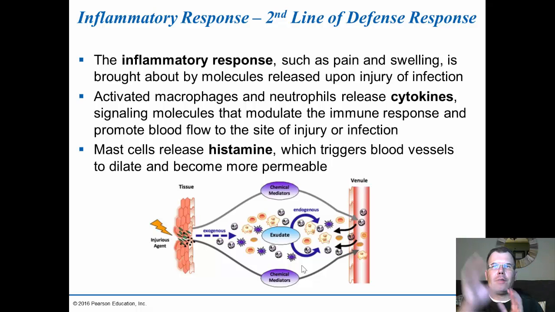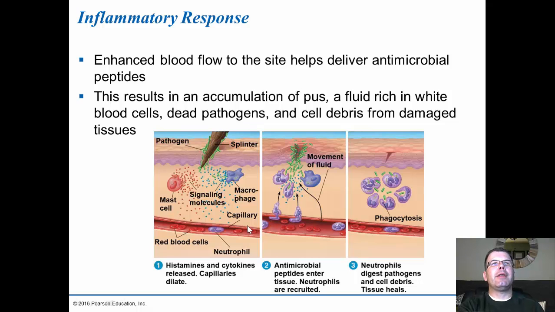So those are the things, and that's due to, again, the things being released and becoming into the site of the infection. So we see that going on. And again, the enhanced blood flow delivers the antimicrobial peptides. It results in the accumulation of pus, which is rich in white blood cells, dead pathogens, and cell debris from damaged cells.